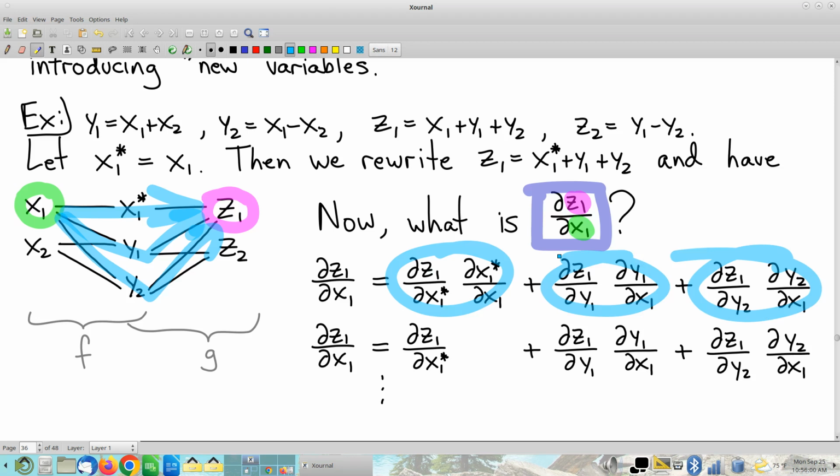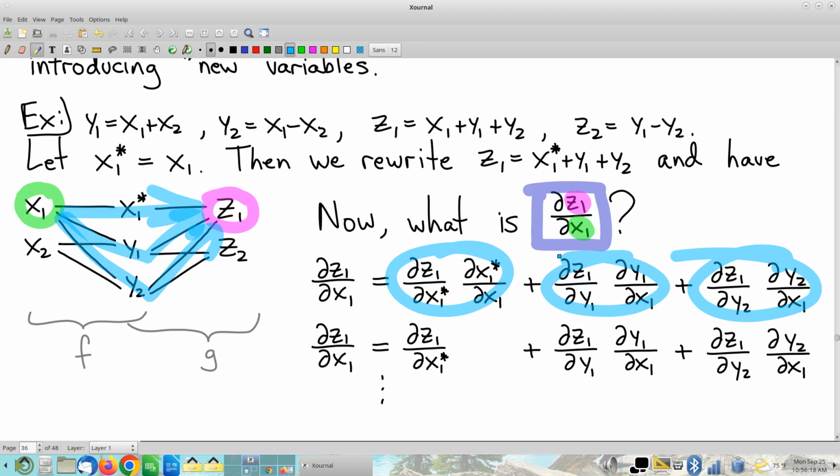Everybody see what happened there? Yeah. But if we're equating x1 star to x1, then what does this accomplish?